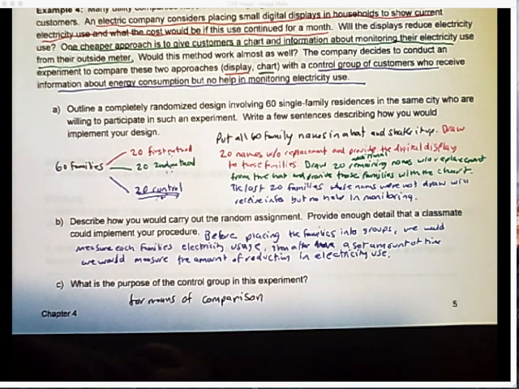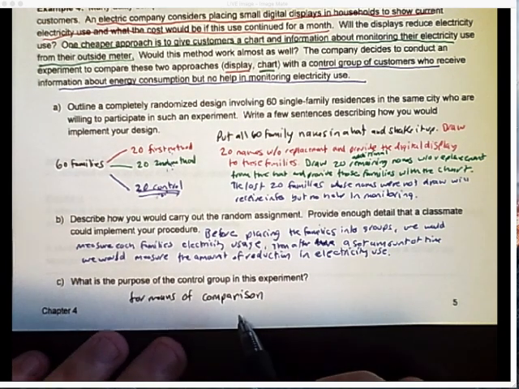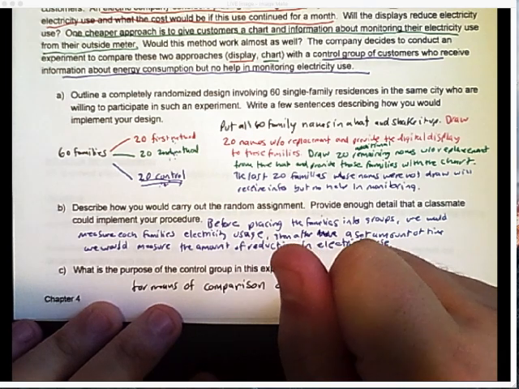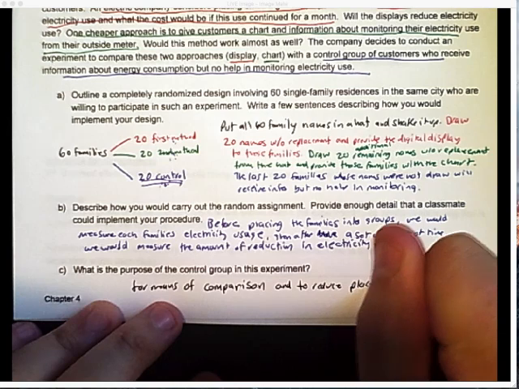They think they're being treated for something, and their heart rates can go down or their blood pressure might just go down because they think they're taking a drug. So we use control groups for means of comparison and to reduce what we call the placebo effect.